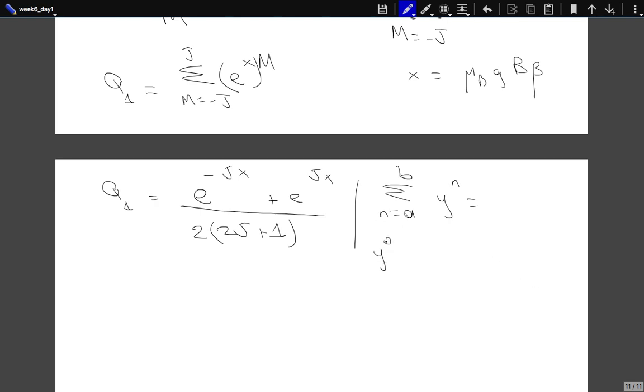Well, this is y to the a plus y to the a plus 1, up to y to the b. Now, is this wrong? Then you reverse it. No, okay, this is wrong. This is not correct.